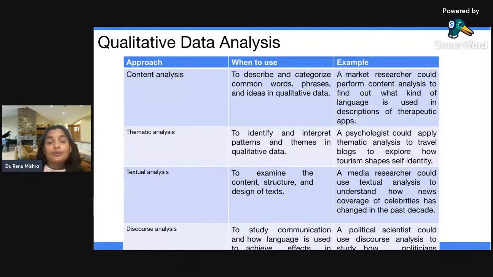Let's say, for example, you want to talk about thematic analysis. Now, thematic analysis, the name itself says theme. Let's say you're investigating financial understanding in people. So, saving is a theme which is coming out in different ways.